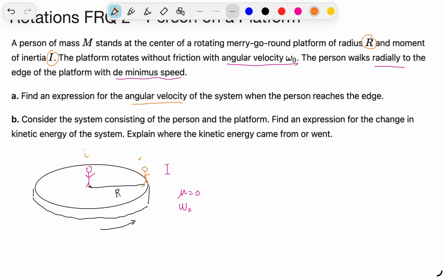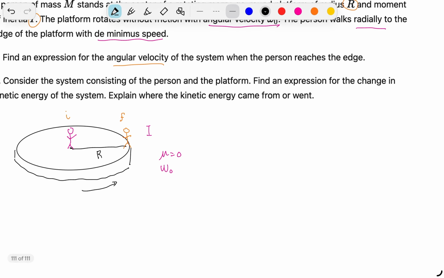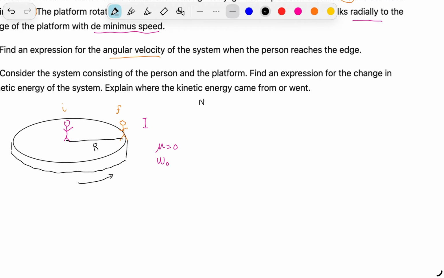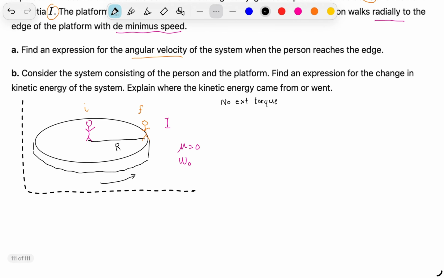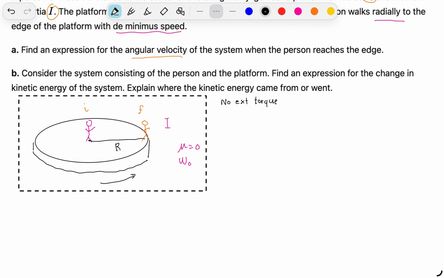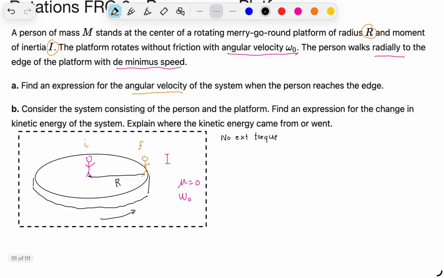That was their initial position. This is their final position. What we can do is we can see that we have no external torque because this is going to be our system. We're considering the entire merry-go-round platform as our entire system, the rotating merry-go-round platform.